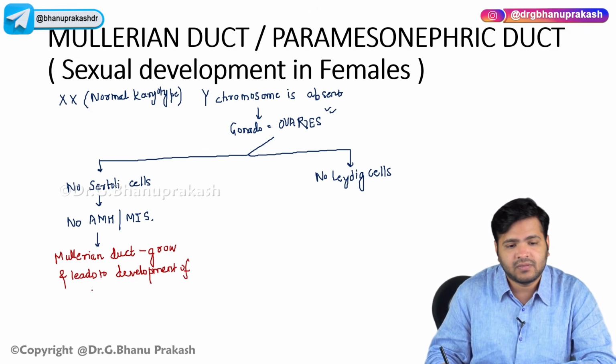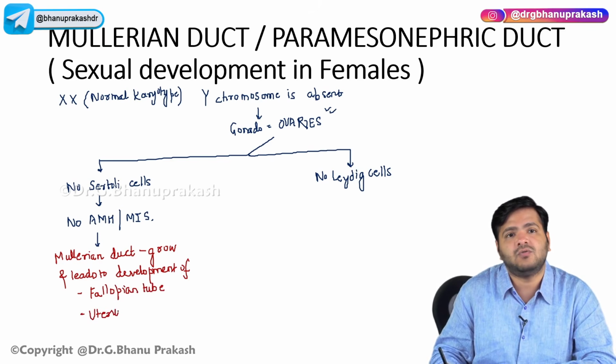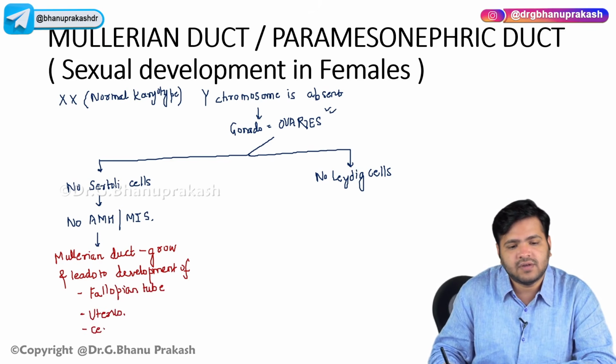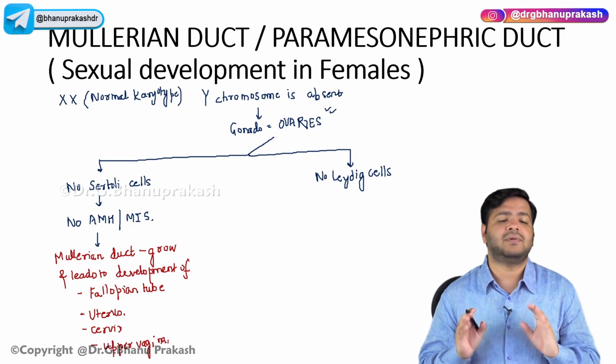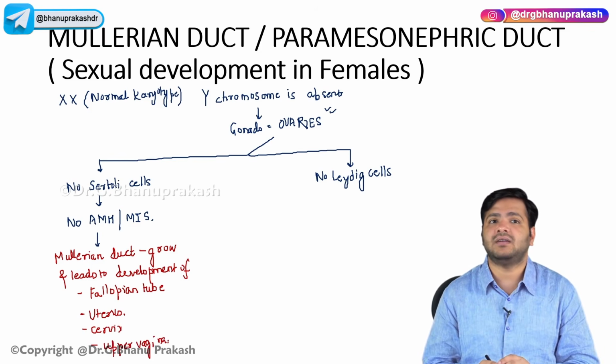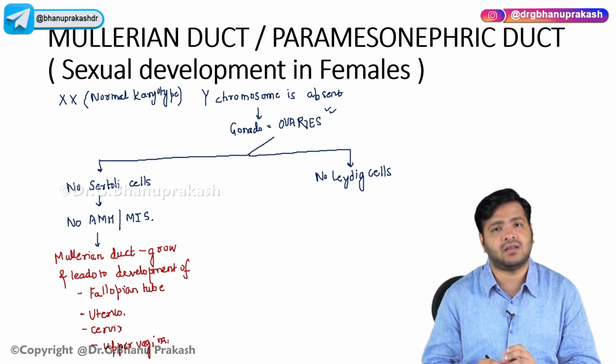The internal genital organs: the fallopian tube, the uterus, the cervix and the vagina, especially the upper part of the vagina. I will discuss the lower part later, but as of now remember the upper vagina comes from this Müllerian or paramesonephric duct.